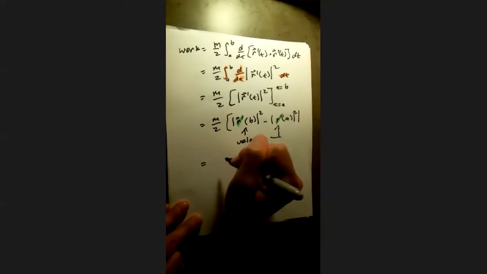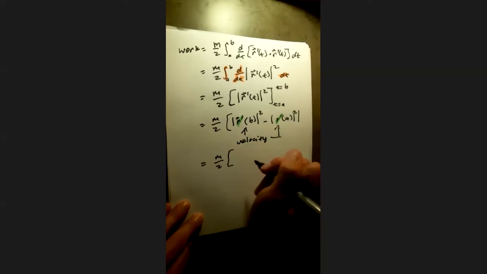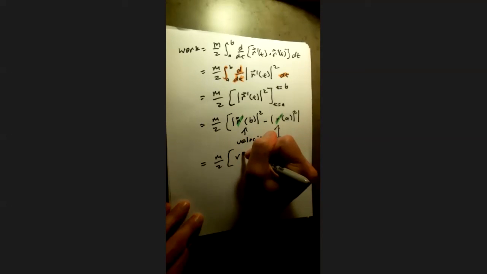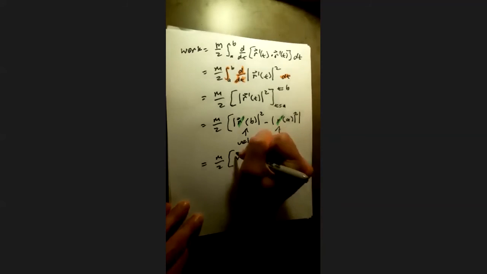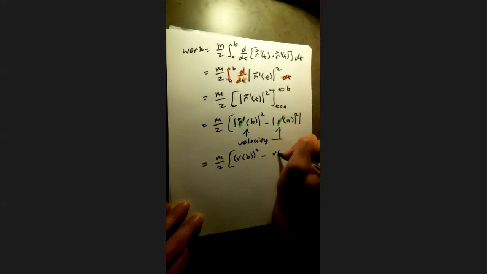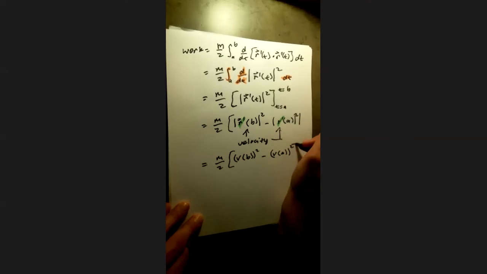So this would be m over 2 times the velocity at b squared minus the velocity at a squared.